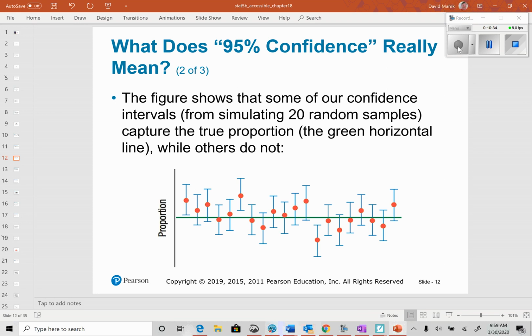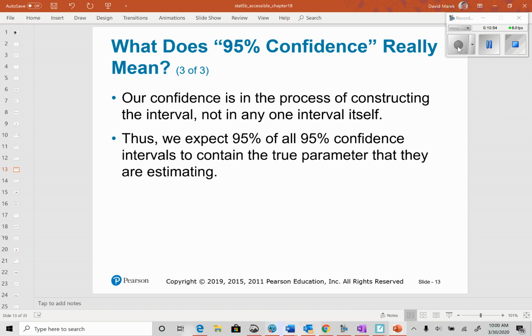So that's why we're not going to say the population proportion is somewhere in this interval. No, we can say that we have a certain degree of confidence that it's in this interval. 95% of all 95% confidence intervals are going to capture that true parameter.